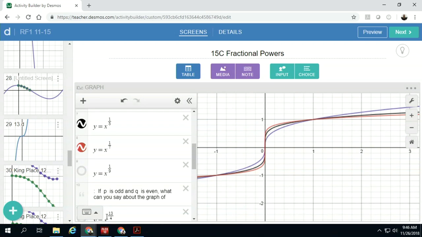Comes in a little bit sharper after it goes through the corner. Goes down through 0, comes out a little bit sharper, and then goes out there. Okay, that's 1/5. And then red was 1/7.